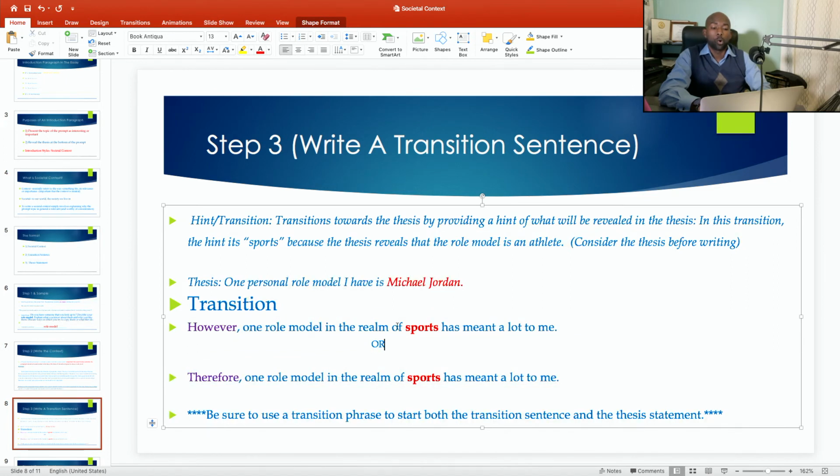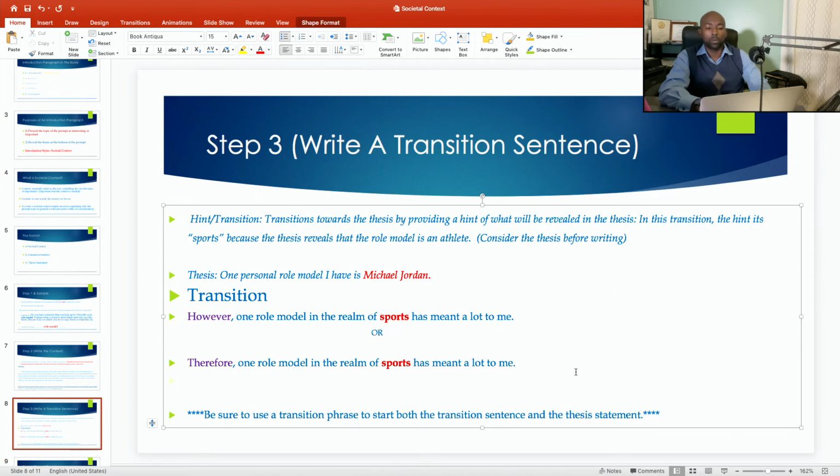So, we're going to mention this word sports in the transition. However, one role model in the realm of sports has meant a lot to me. When I say that word sports, it gives you a clue of who I chose in the thesis. So I can use a transition word like however. I can use a transition word like therefore. I think the one we used in the example was the word notably.